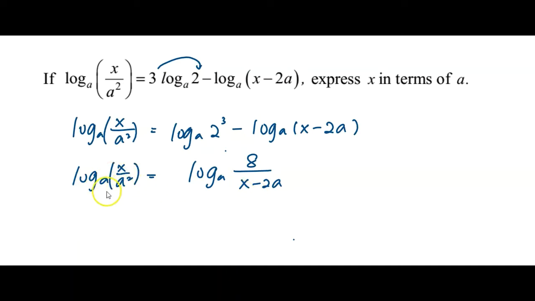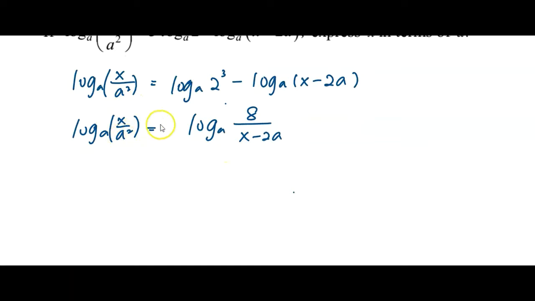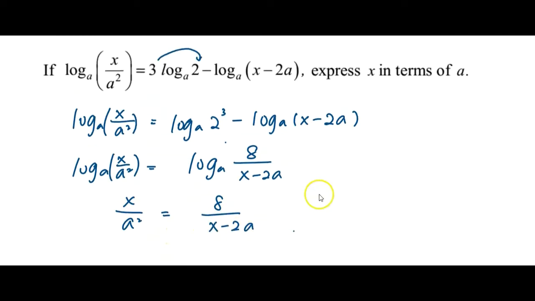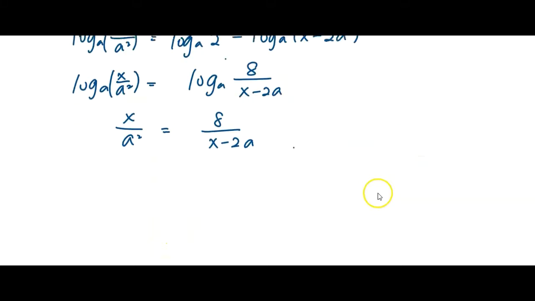Now we can see that the left-hand side and right-hand side have a single log term, and both have the same base. We can compare the content of the log by taking x over a squared equals 8 over x minus 2a.